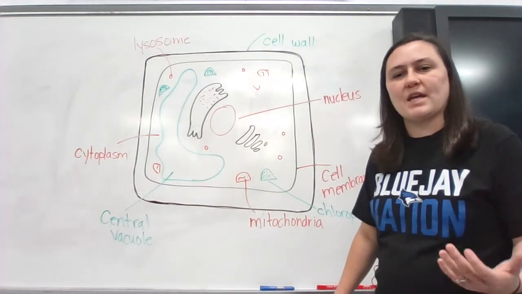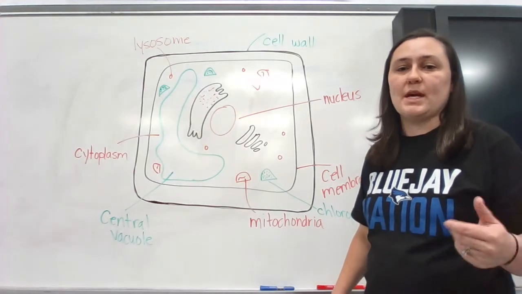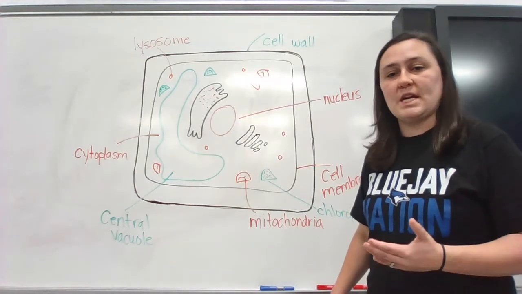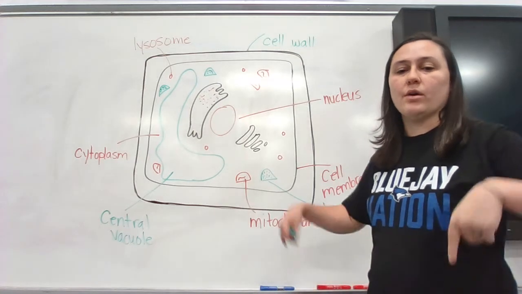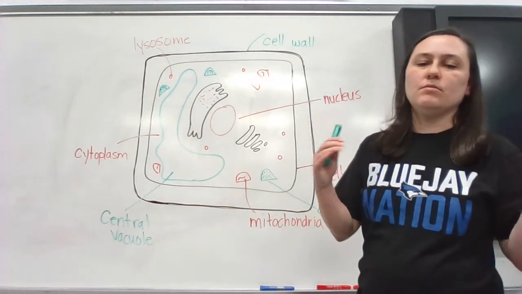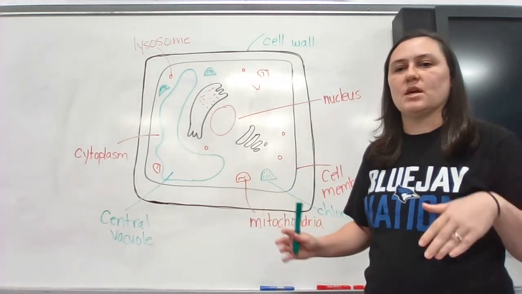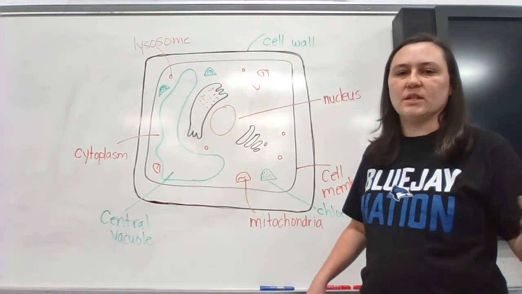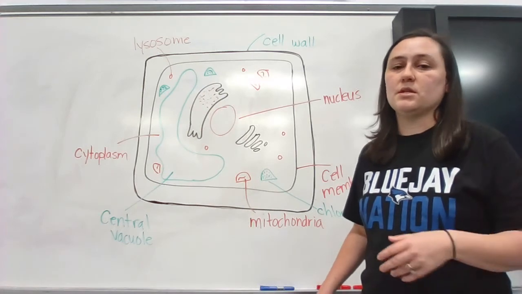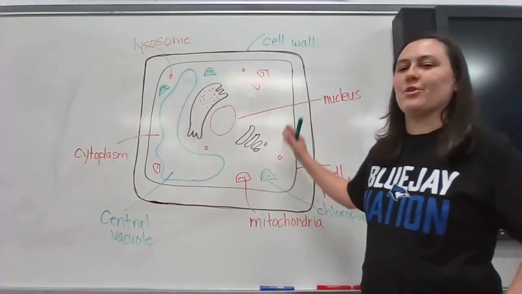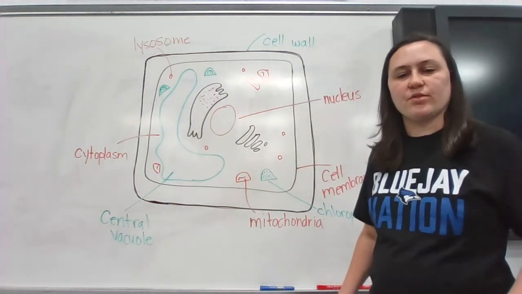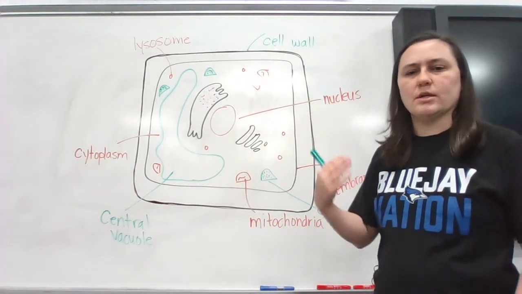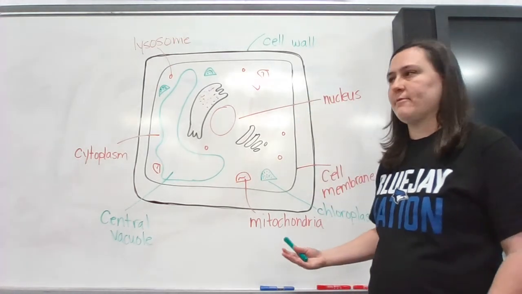And what I always say is the big difference between animals and plants is plants don't really dance. They're not able to move freely. Now, when the wind blows, they may move with the wind, but they don't just do their own thing. You won't see a plant running. If you do, something else is wrong. So the cell wall is sort of responsible for that. It's more solid and more rigid than what animal cells have.